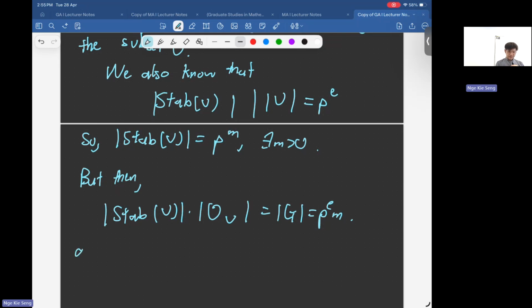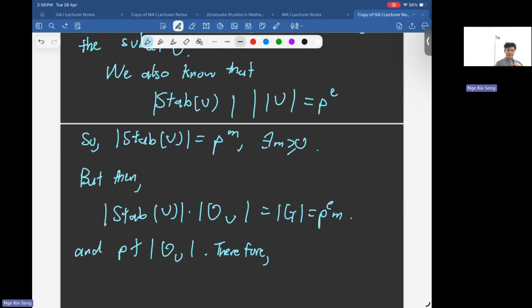But then we know that p doesn't divide the order of the orbit. Therefore, m is greater than 0. Let me think. Or maybe greater or equal. It's just a power of p.